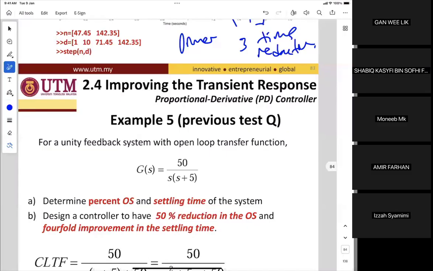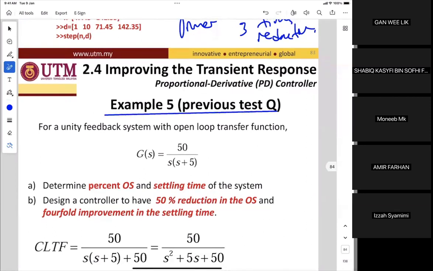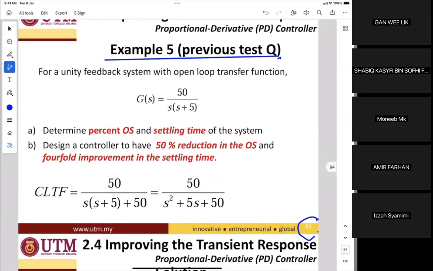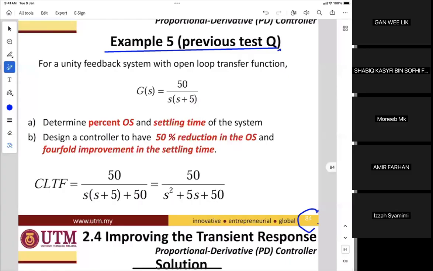Yes, Doctor. Okay, so you understand, go to example 5, guys. Slide number 84 before we break. Izzah Shamimi, can you read the questions for me? Example 5. For a unity feedback system with open loop transfer function G(s) equals 50 over s times (s plus 5).